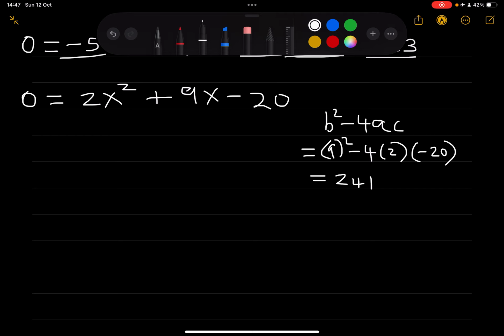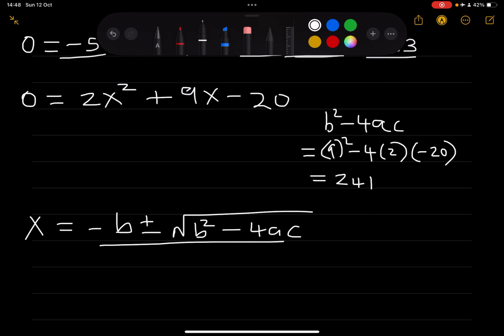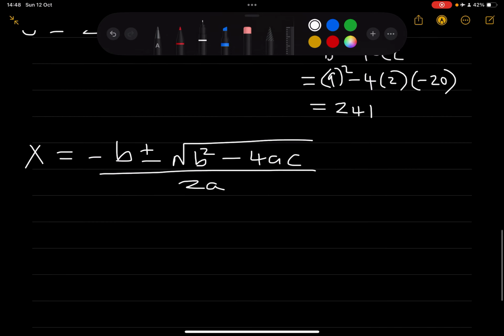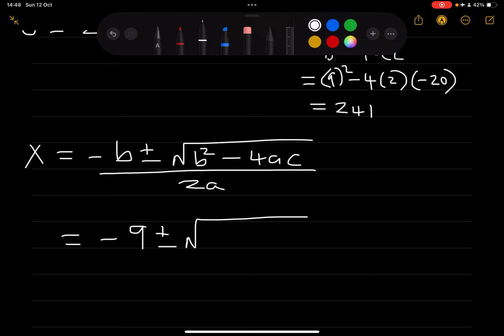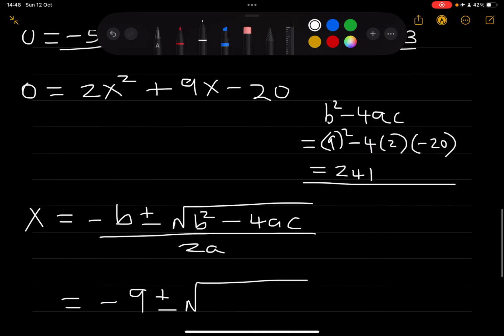Okay, and then now we're going to have 0 equals, remember we're doing quadratic now. It's going to be x equals negative b. You write your formula down. B squared minus 4ac all over 2a, right? Then we're going to have negative, your b is how much? It's 9. Plus minus, the nice thing is you already computed b squared minus 4ac here.